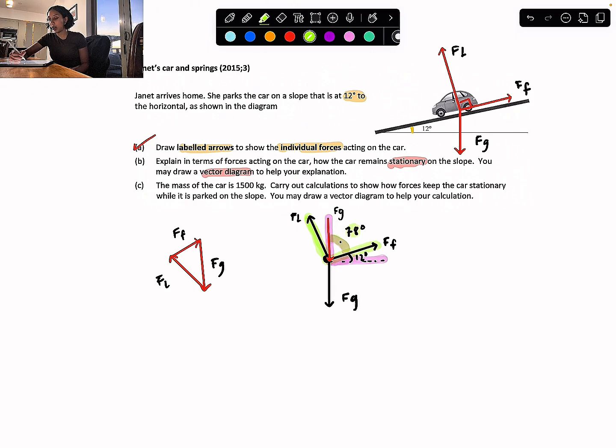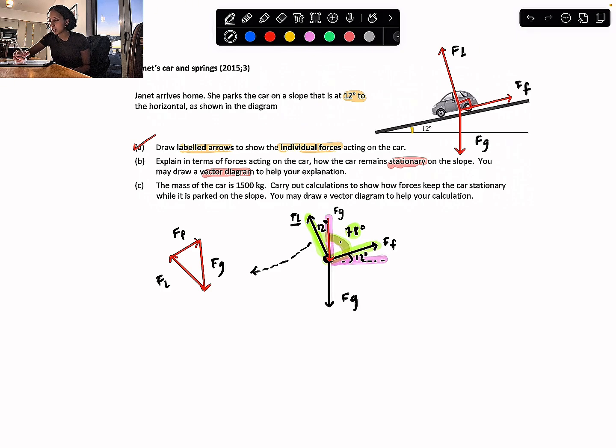Okay, so out of this 90-degree angle, 78 degrees of it is made up between FG and FF. So what is this remaining angle going to be? All you have to do is 90 degrees take away 78 degrees, and you're left with 12 degrees. This is great. We can use this information and plug it into our triangle.